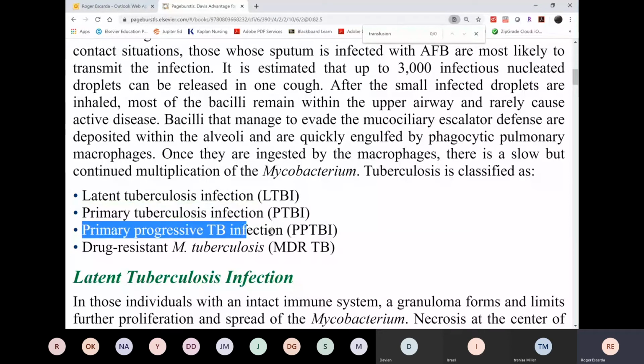Primary progressive, you have the infection and you're still continuing to have the infection, meaning you're still under treatment, or maybe you're not treated yet.